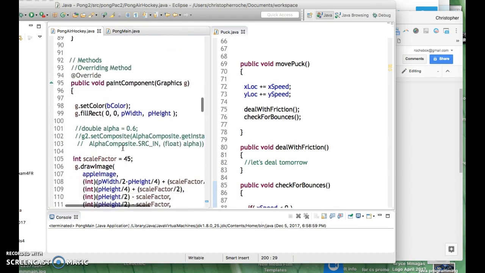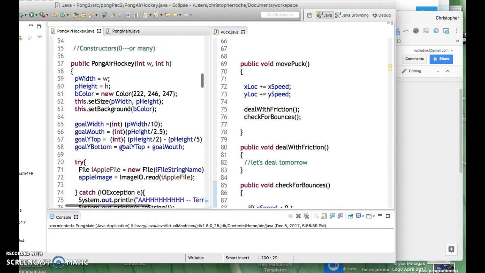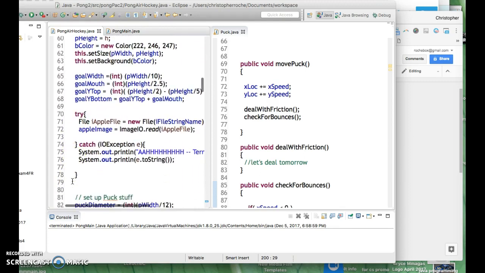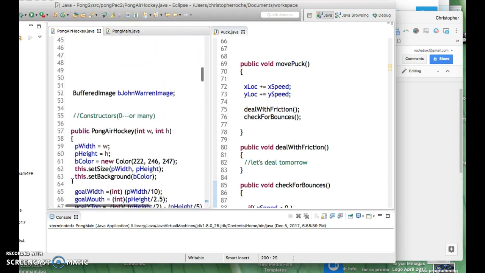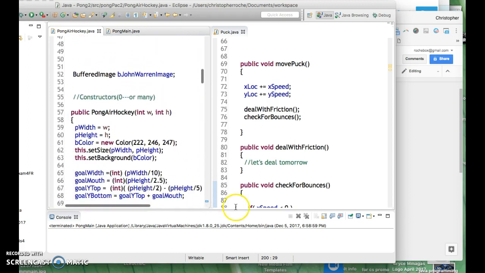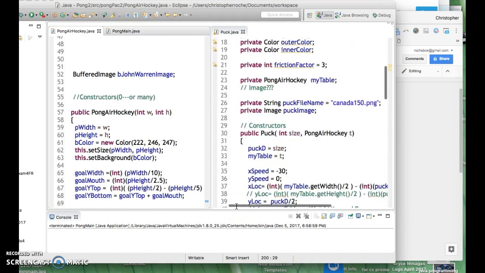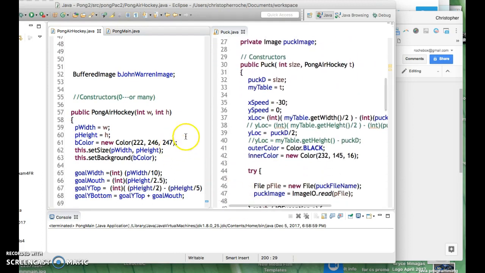I'm doing this by setting the parameter in the constructor. Oh, it's actually in puck, was there? So I'll try the bottom one again.